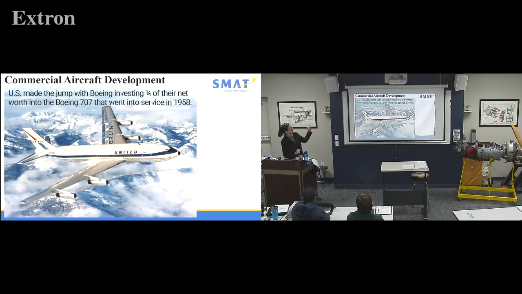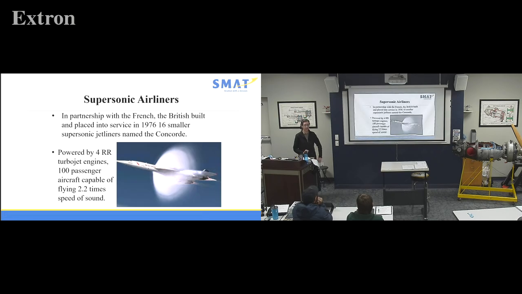And then along comes the United States saying, oh, okay, everybody has really good ideas. Boeing invested a quarter of their net worth into the Boeing 707 that went into service in 1958. Then they said, I think we can go even faster, and started developing supersonic airliners.